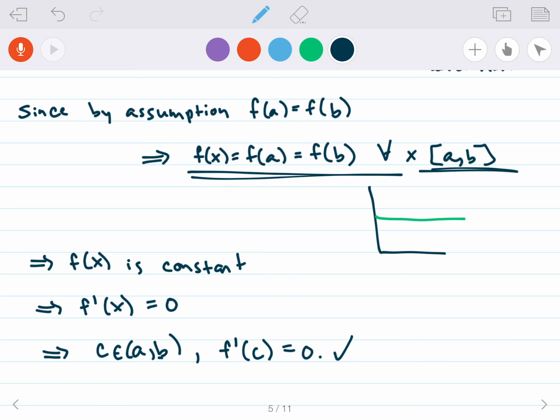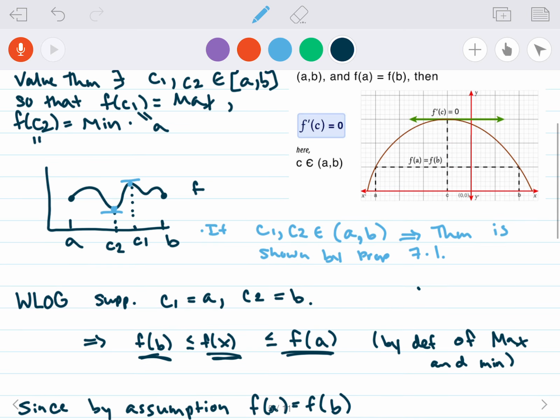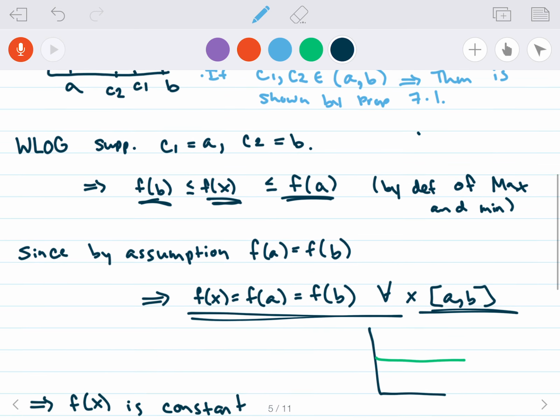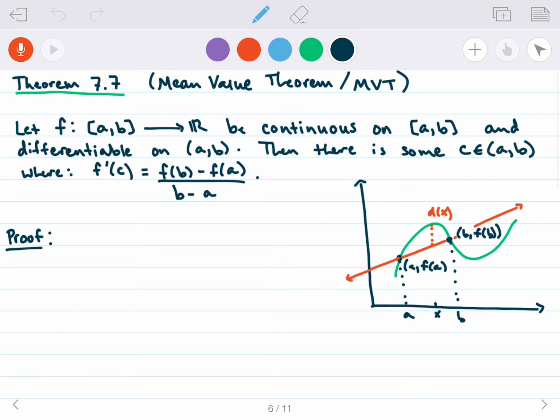In fact, it holds for every x in this open interval. Okay, so that is the proof of Rolle's theorem. And we're going to use Rolle's theorem in our next theorem, which is the mean value theorem. This one is pretty important, and I'm sure that if you've taught calculus, you've definitely covered this. So let's go ahead and prove it.